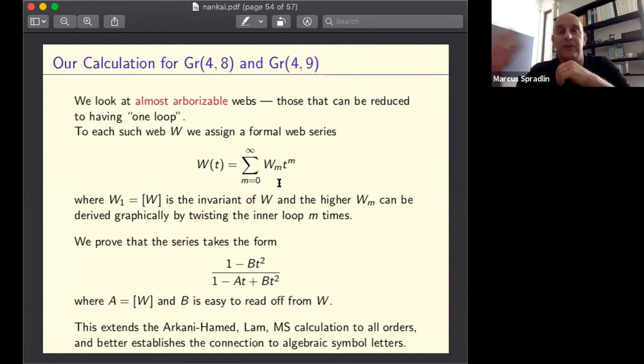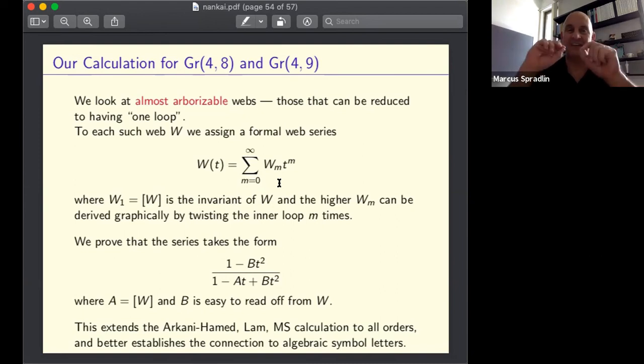And to get the higher terms in the power series, there's a very simple operation. You take M copies of the web, one on top of each other, or draw them all together inside the same circle, almost on top of each other. Then you take the M inner loops. So you have M non-interacting inner loops.